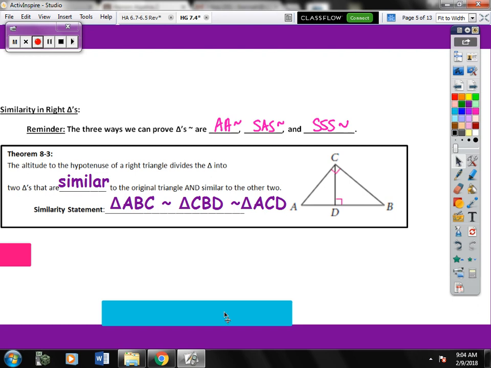The similarity statement would be just like we had above. Triangle ABC is similar to CBD, which is similar to ACD. And actually this one, yeah, it does have the same letters, it's just tilted a little differently than the top one.